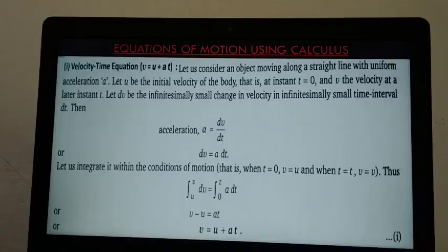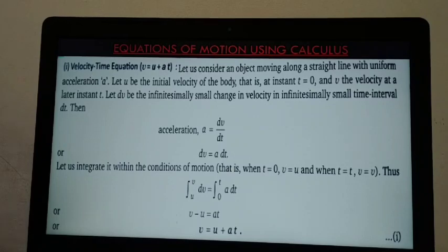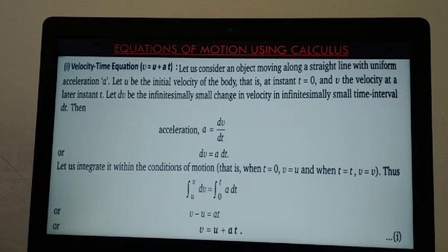The velocity equation: v is equal to ds by dt. So we can go for the second equation of motion, starting with that equation, v is equal to ds by dt.